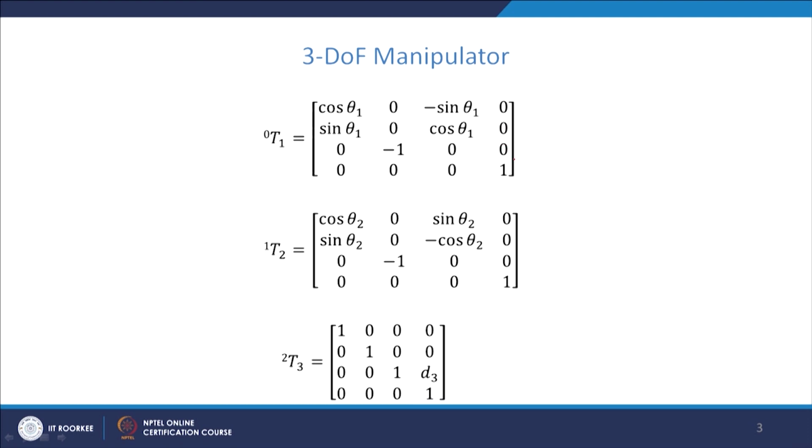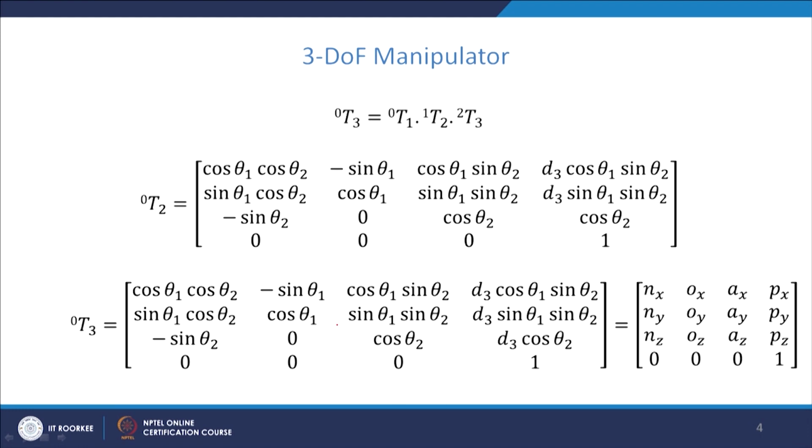So, these 3 matrices give the joint coordinate systems. Now, if you multiply all these 3, we get the 0 T3 homogeneous transformation, which gives the end effector coordinate frame with respect to the base coordinate frame 0. So, the product finally gives 0 T3 by the expression given here in terms of theta 1, theta 2 and D3. These are the 3 variables.